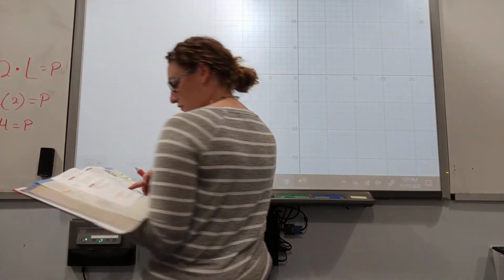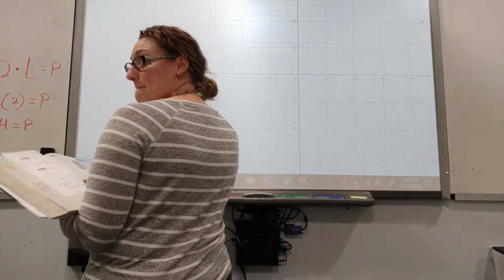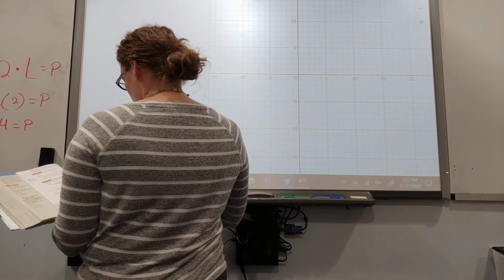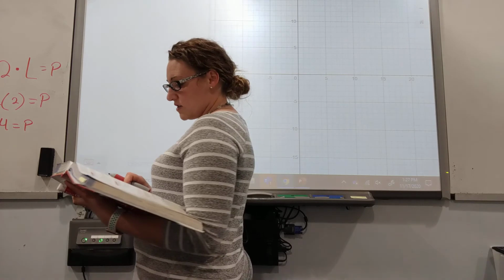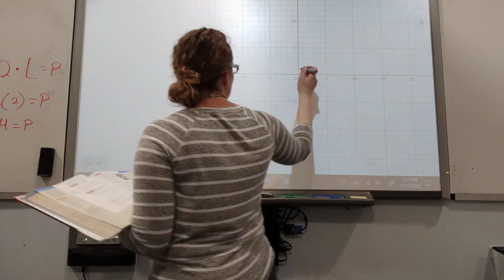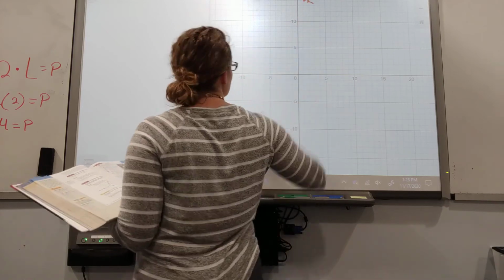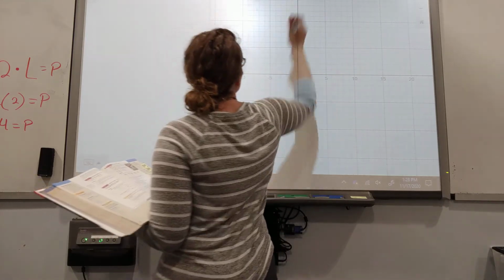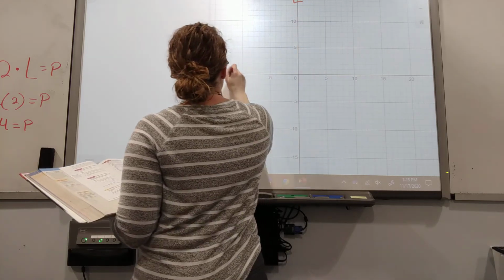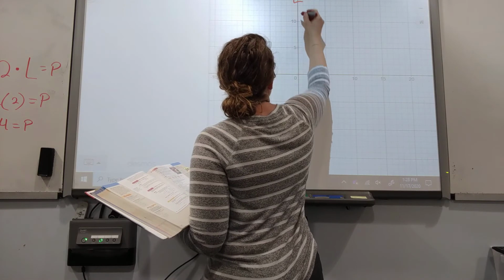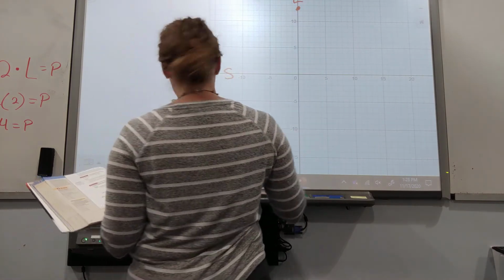Alright, we're gonna substitute 0 for S and 0 for L in the equations. Okay? So I'm just graphing whatever's in your book. So the points are 0, 0, 12, 0. This is gonna be L, and this is gonna be S. So 0, 12.